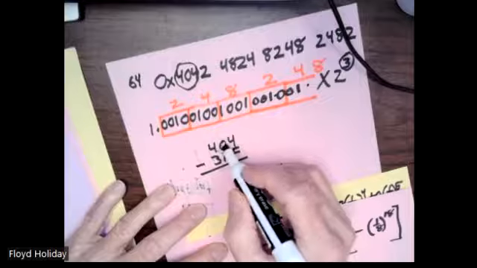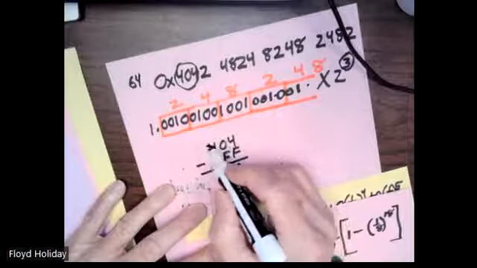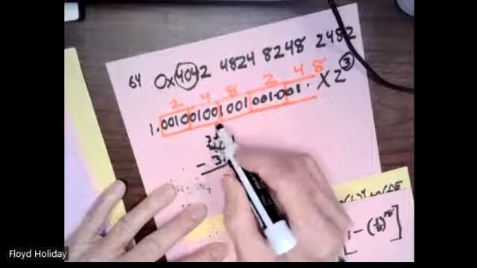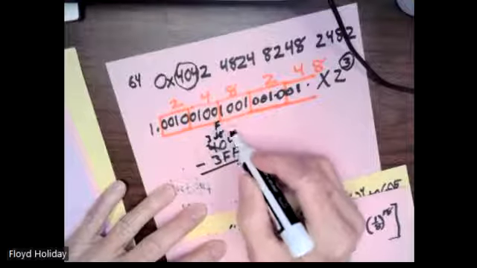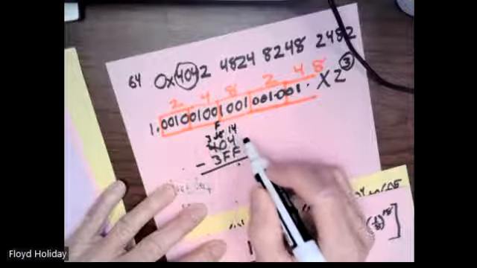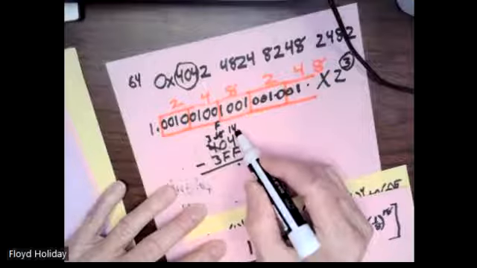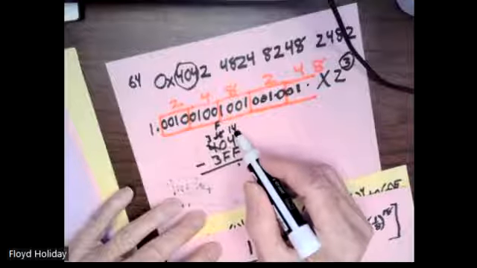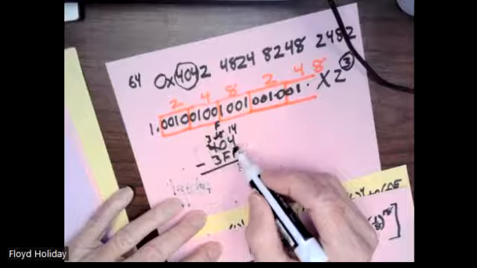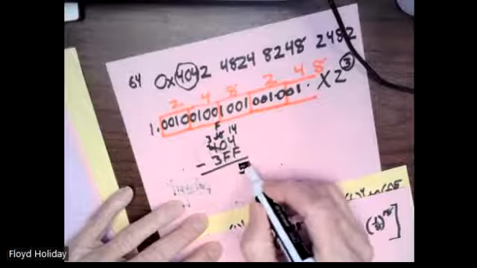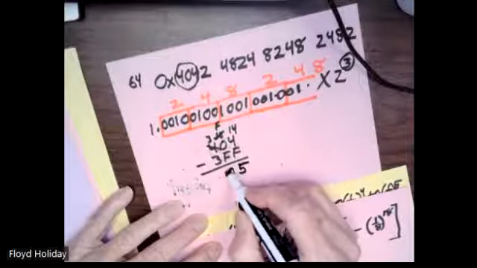oh, I see. You have to borrow from here, so you take this, and this becomes a 10. Take one away, and it becomes an F. This becomes a 14. F from 14. 14 is really 20, and F is a 15. The answer is actually 5, 0, 0.